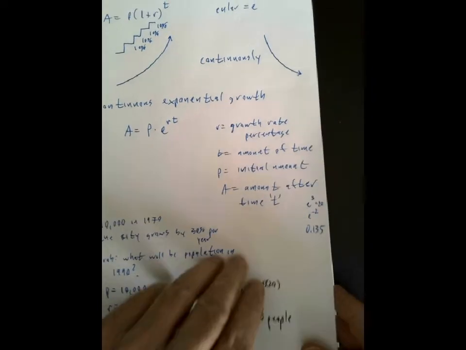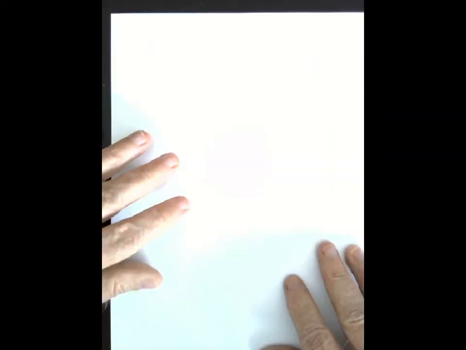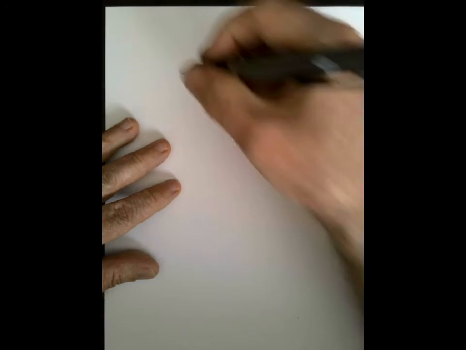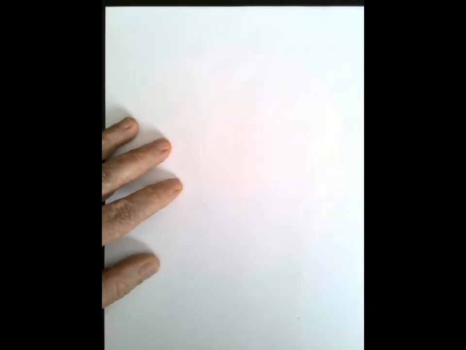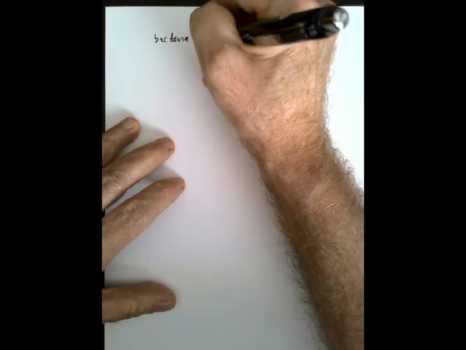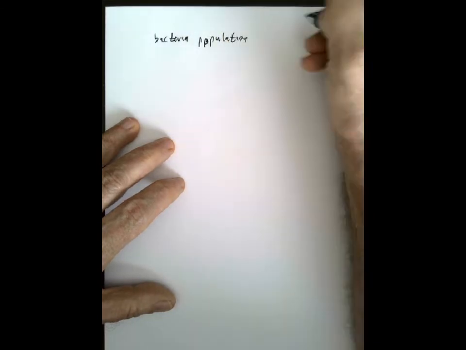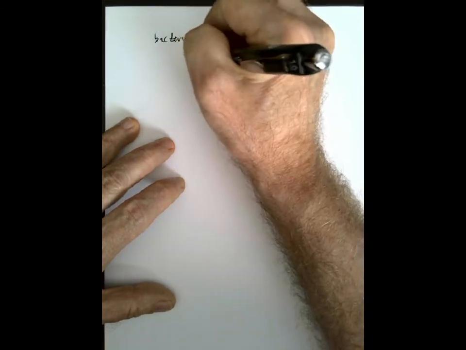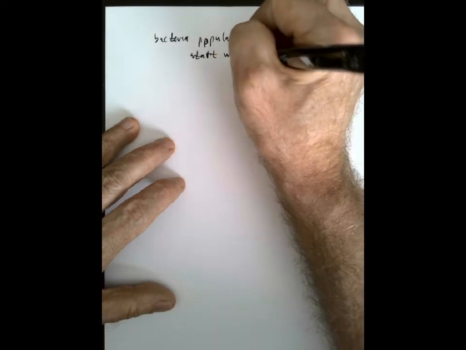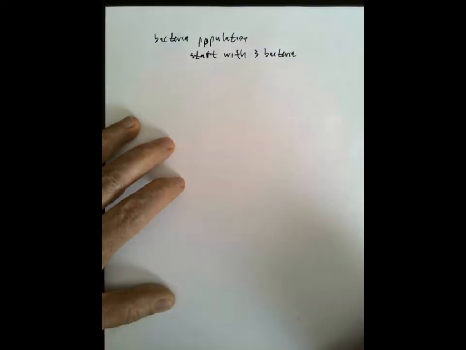Let's say that we're talking about now a bacteria population. Okay? We've got a bacteria population, right? Okay, we're going to start with, let's say, 3 bacteria. 3 little bacteria floating around in someone's bloodstream.